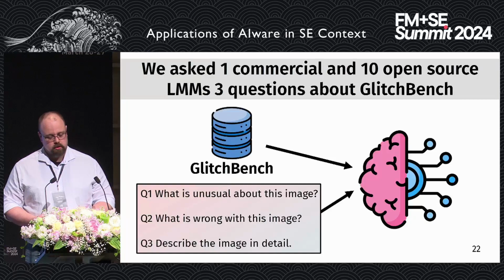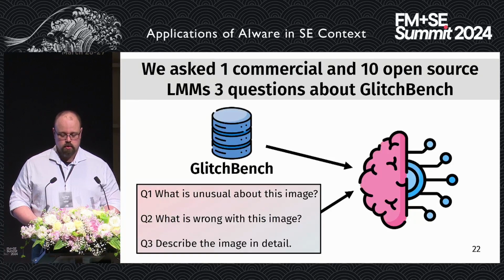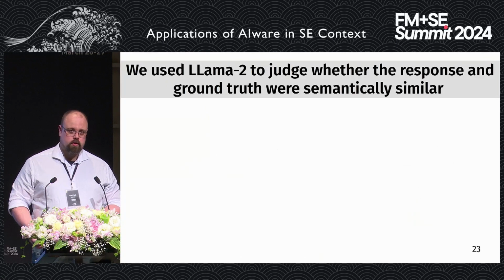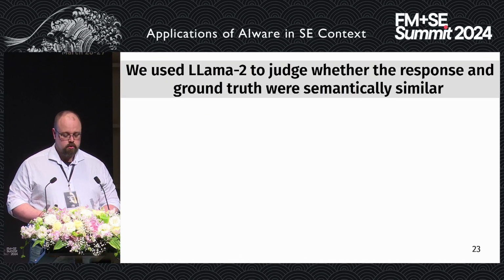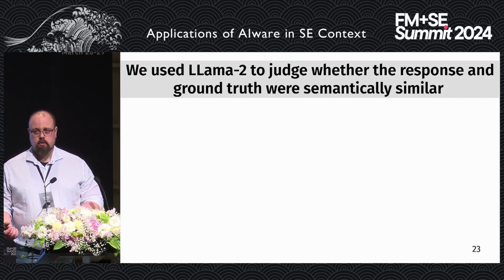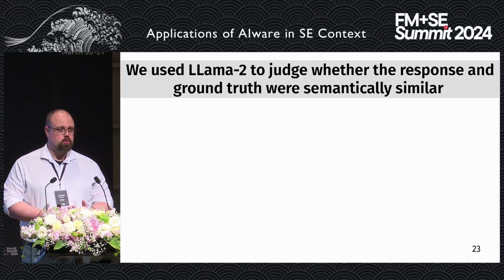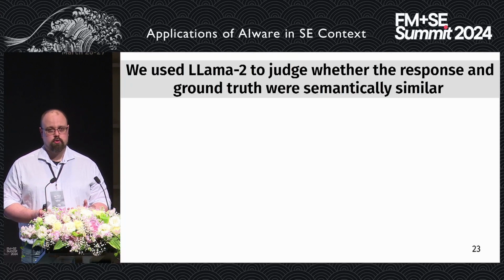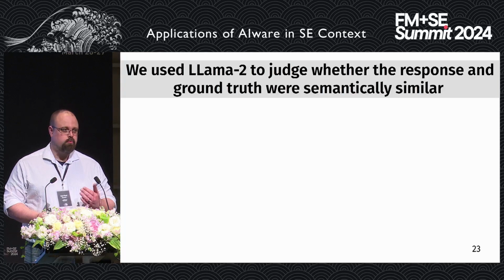So we took the data from GlitchBench and for every image in the data set, we asked these 3 tasks. And then we used a language model as a judge. So we used Llama 2 to judge whether the response of the foundation model and our ground truth were semantically similar. So we had a short ground truth text that described what was wrong with an image or what the bug was. And then you can imagine that a foundation model gives you free format text, right?